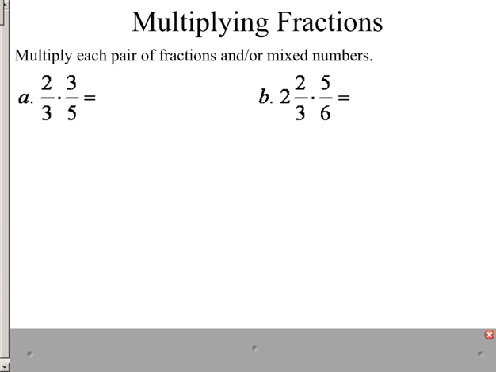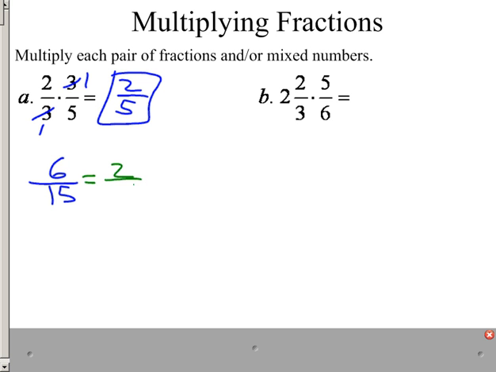If it were me, I would reduce the 3 and the 3 and making it a 1 and a 1. 3 divided by 3 is 1. 3 divided by 3 is 1. And then multiply. 2 times 1 is 2. 1 times 5 is 5. If you want, you can multiply 6/15 and then reduce. Divide the top by 3 and get 2. Divide the bottom by 3 and get 5. Okay?